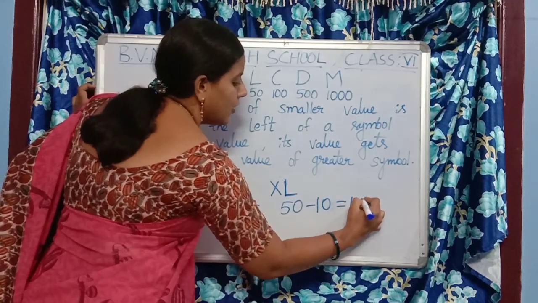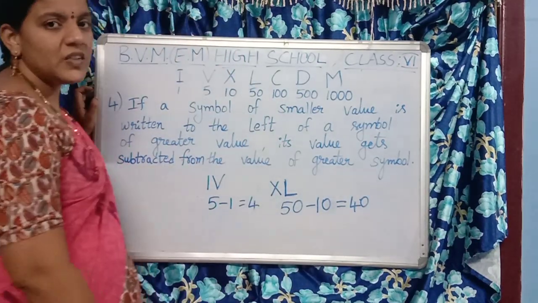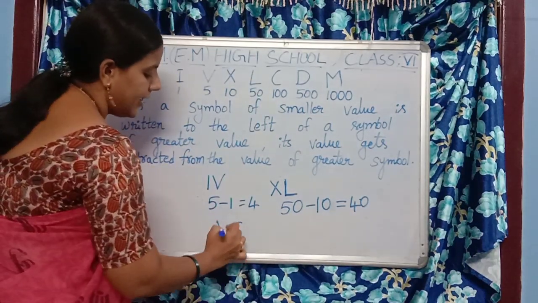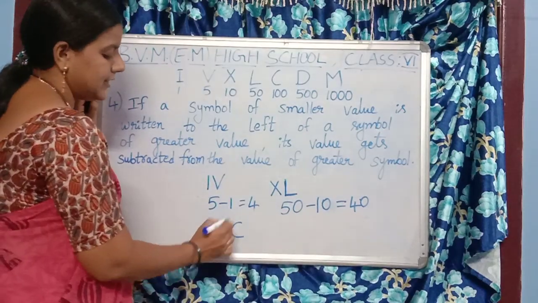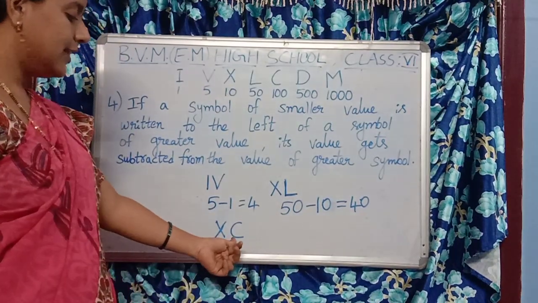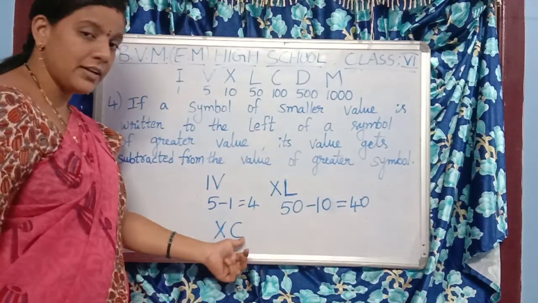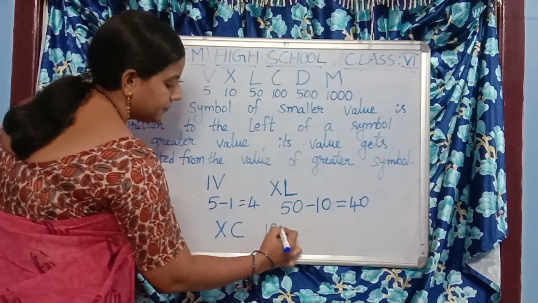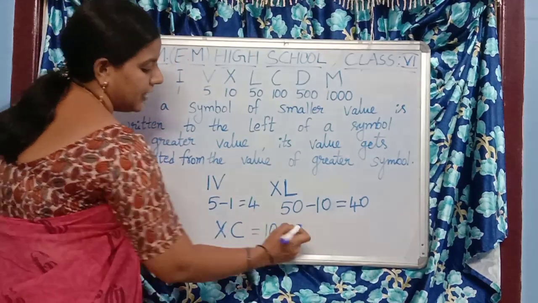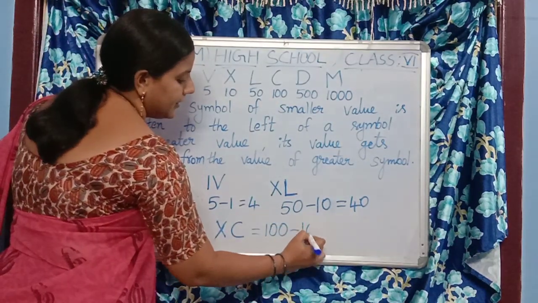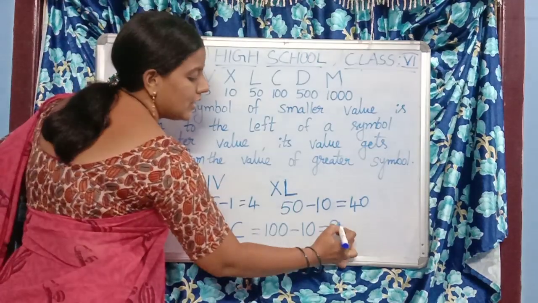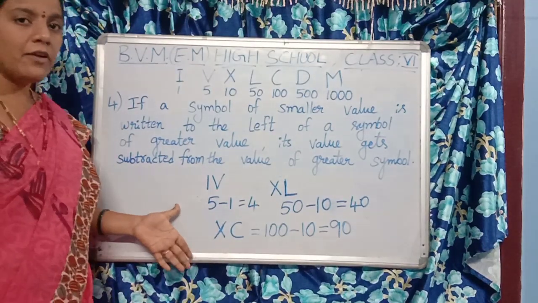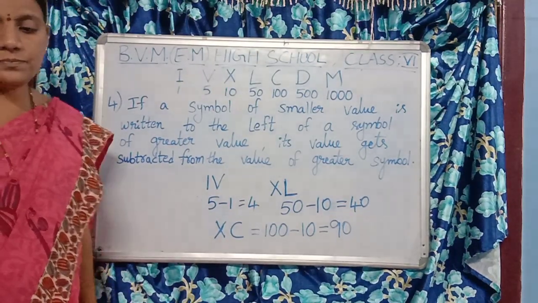What is this? 40. Okay. Next, XC. X is written on the left side of the greater one. C means 100, X means minus 10. What is this value? This is 90. Like that we have to write this.